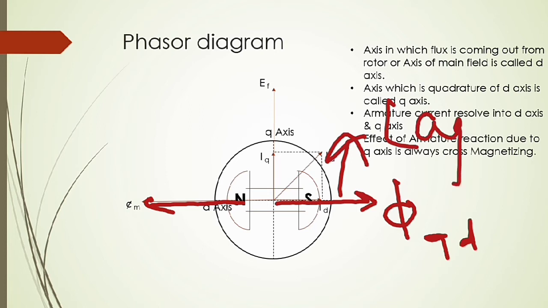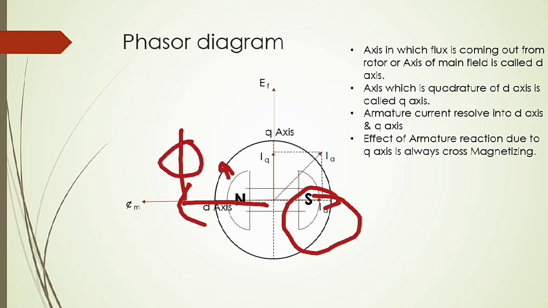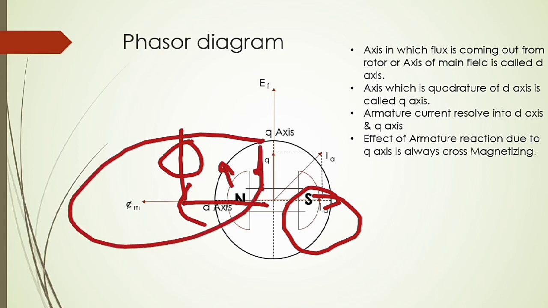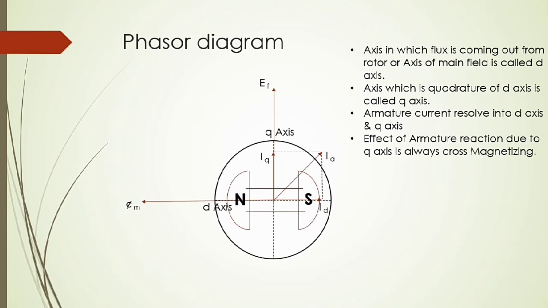In case of the leading power factor it is magnetization. The current is in phase with phi m, so here we get phi ad. This is the case of magnetization.